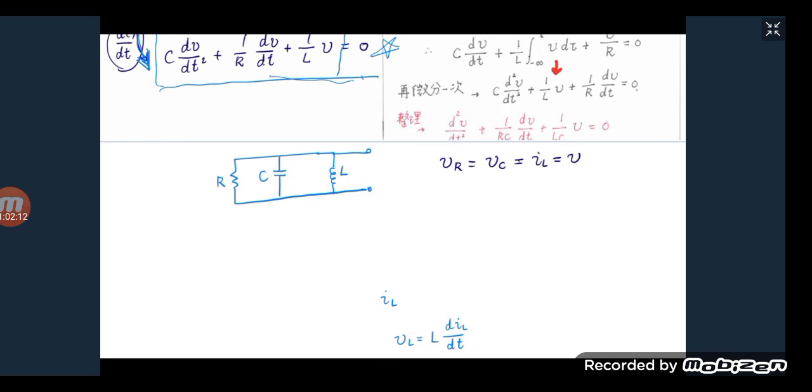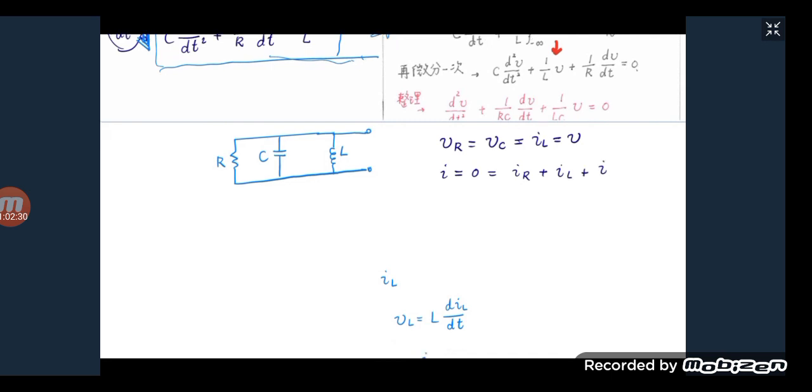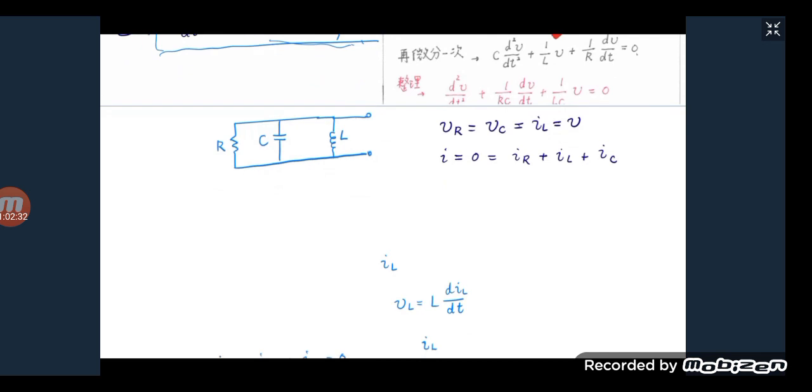We use a common variable V. The I is to be summed out, because its natural response I is 0 and I is equal to IR plus IL plus IC.